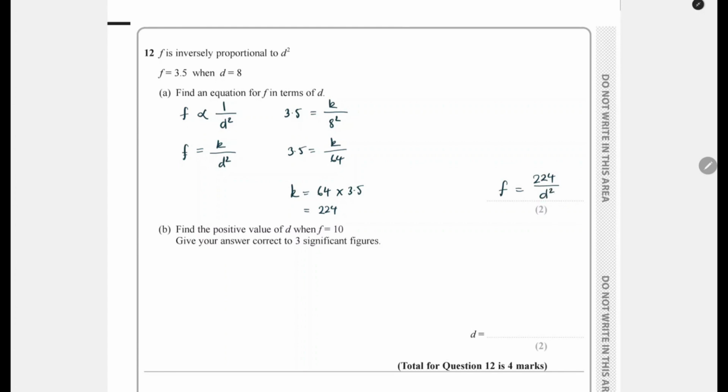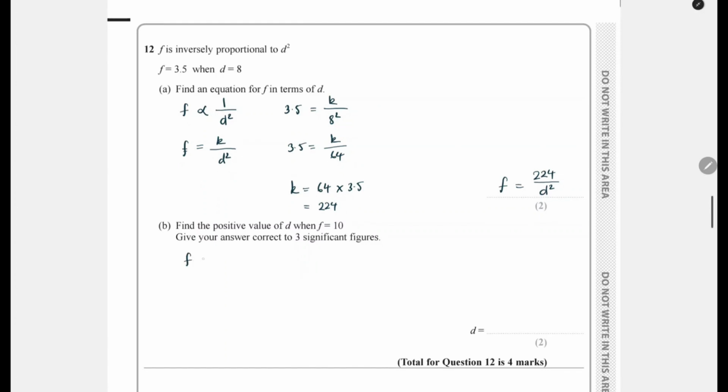Part B says, find the positive value of d when f equals 10. Give your answer correct to 3 significant figures. Well, we've just worked out our equation. That's f is equal to 224 over d squared. We know that in this particular question, f is equal to 10, so 10 equals 224 over d squared. We'll rearrange this equation to get d squared as the subject.